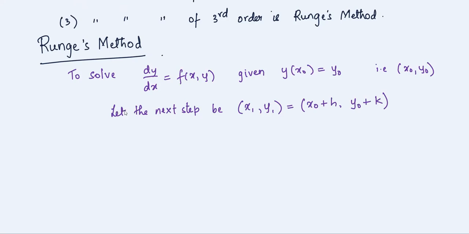So what Runge's method does is, say this is x naught and this point is y naught, and we have to find this x naught plus h.